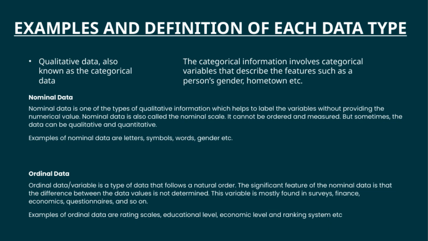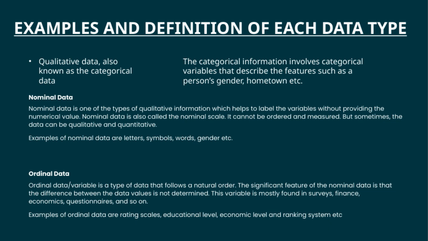You'll often find ordinal data in contexts like surveys, finance, economics, or questionnaires where ranking matters. Common examples include rating scales, educational levels, economic status, or ranking systems. These all show a clear order but don't quantify the exact difference between categories.